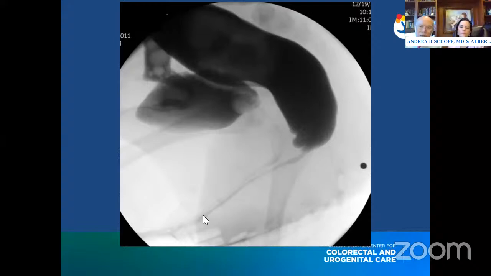See, in anorectal malformations, like in all kinds of congenital malformations, you find anatomic variants, and this is one of those. You have to look carefully at the rectum here, and then this is the bladder, this is the posterior urethra, and this is the bulbar urethra right here.